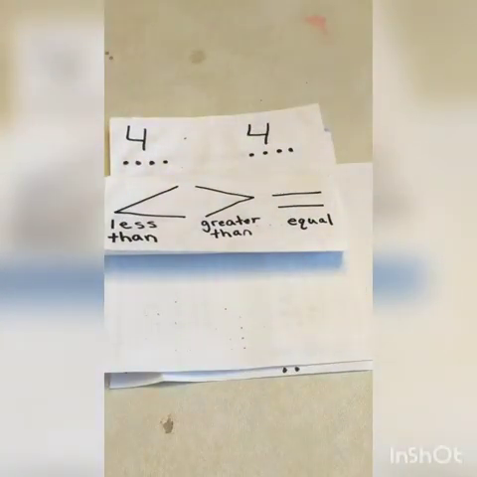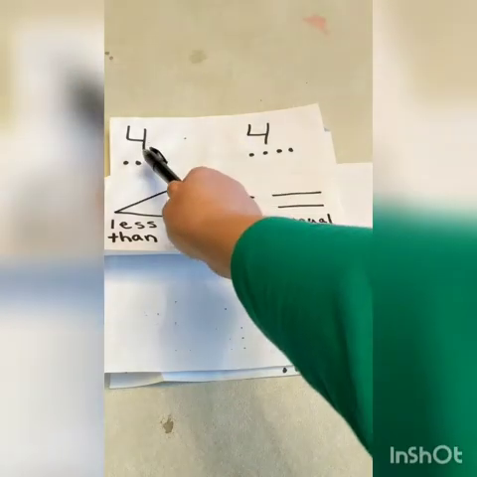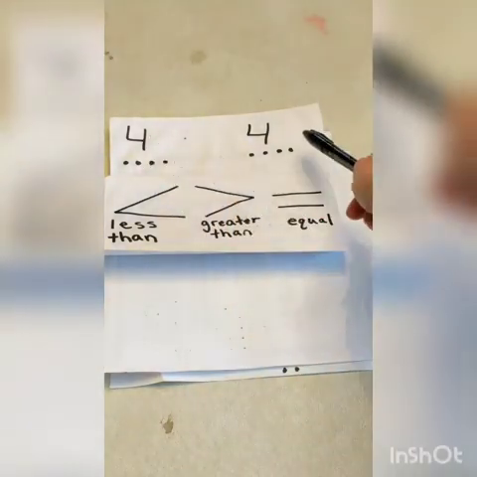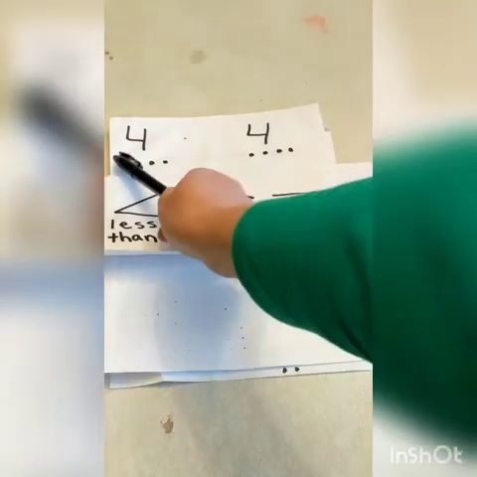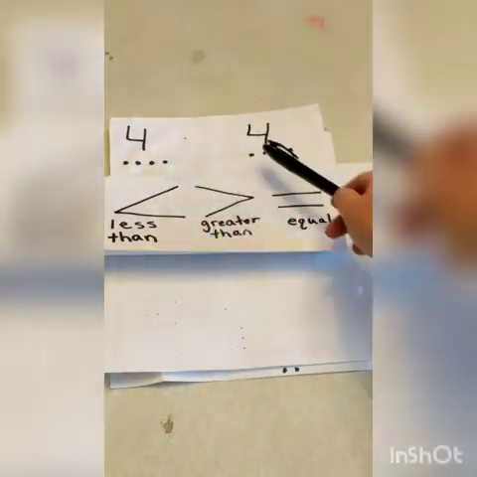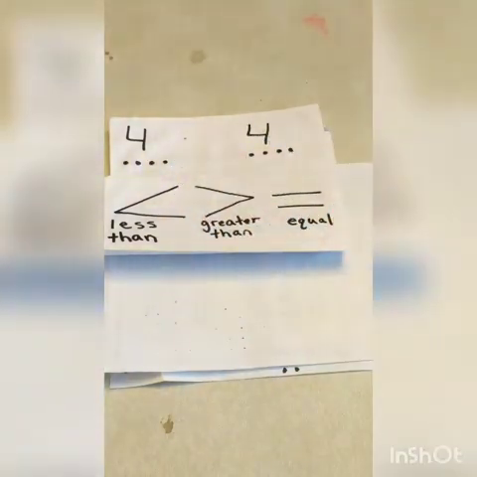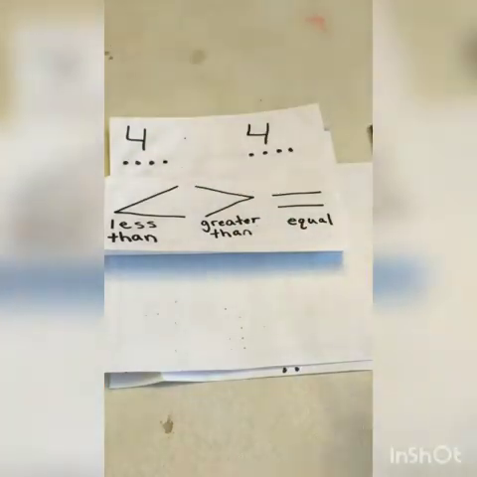Okay, we're going to compare the number 4 with the number 4. 1, 2, 3, 4 dots. 1, 2, 3, 4 dots. Are we going to use the less than symbol, the greater than symbol, or the equal symbol?